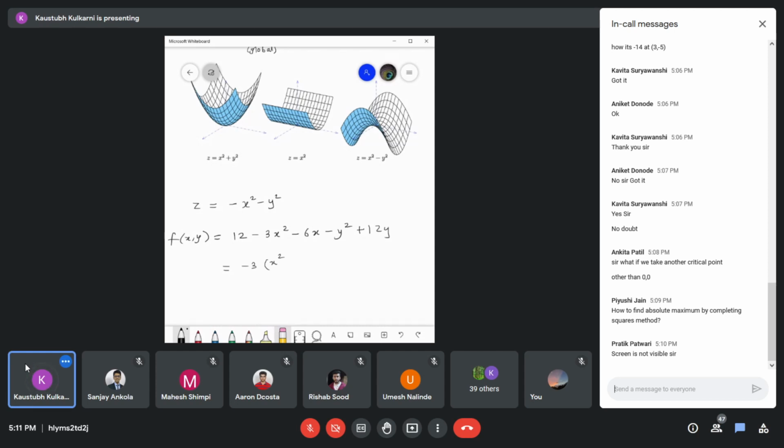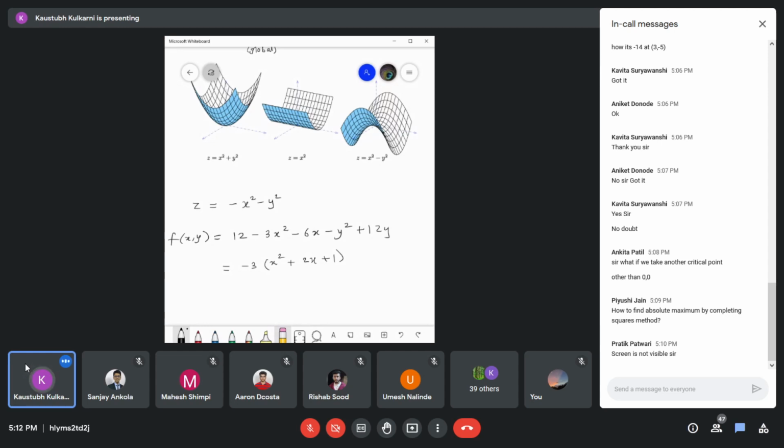The x terms, x square plus 2x, have a common factor of 3, so I took minus 3 out. So x square plus 2x, and to complete the square, we require a 1.